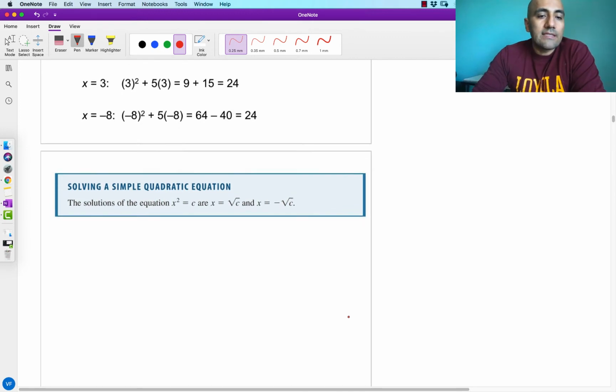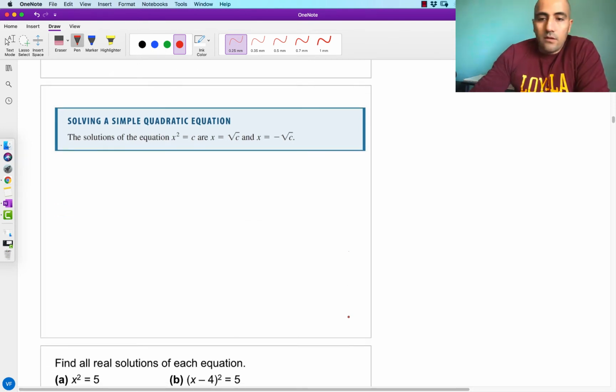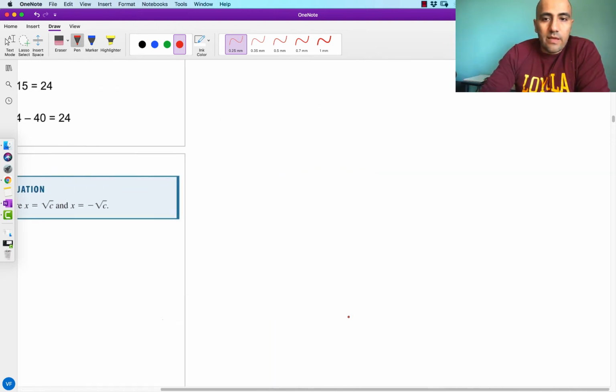Okay, solving a simple quadratic equation. The solutions of an equation of the form x squared equals c are going to be root c and negative root c. Okay, where does that come from? In other words, let's see what that means.